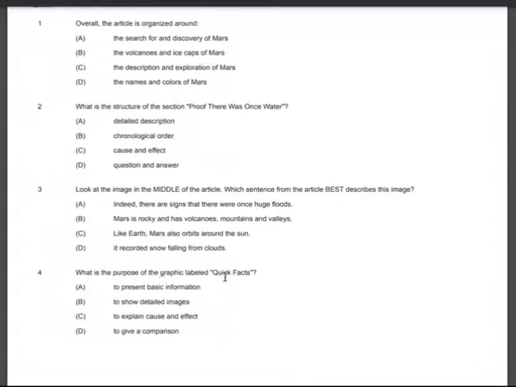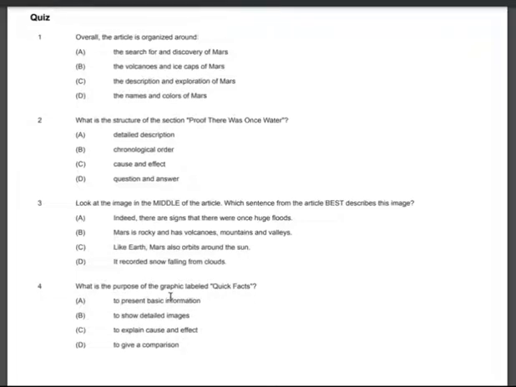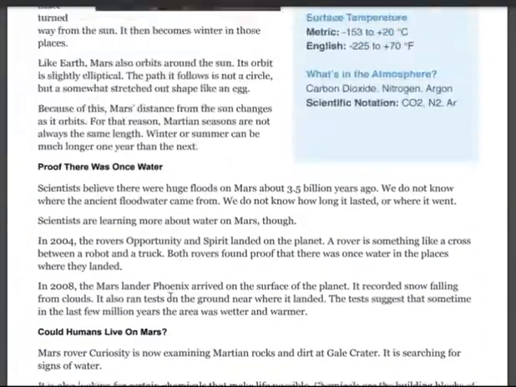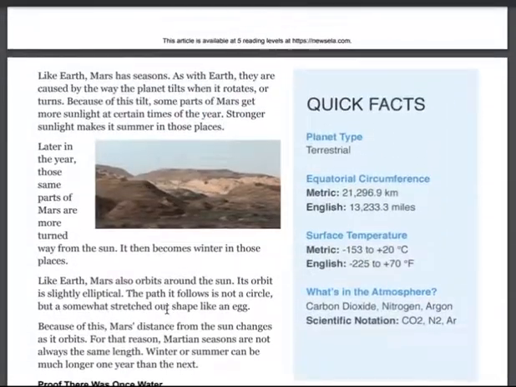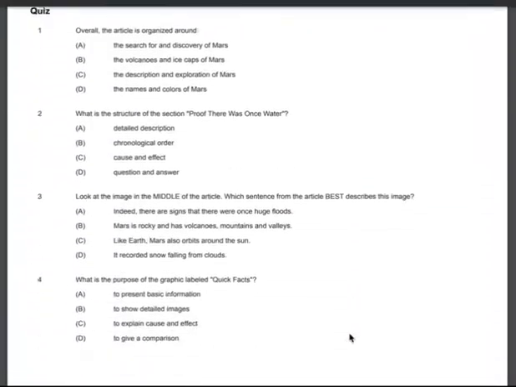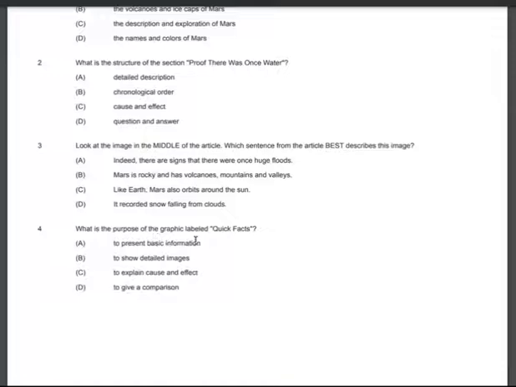So we're going to look at the graphic, quick facts. We're going to try to decide why they put it in there. So here's some quick facts. Right here, planet type, equatorial circumference, surface temperature, what's the atmosphere, all right? So now you get to decide, what's the purpose of quick facts?